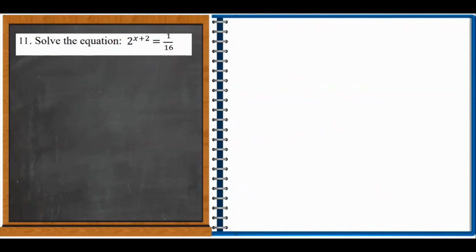In number 11, we need to solve the equation. So here we see that x is on the power of 2. What we are going to do is show 1 over 16 as a power of 2, a single power of 2.